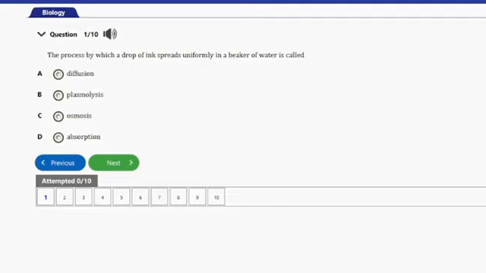Actually, when molecules spread from the region where they are more concentrated to the region where they are less concentrated, that's the phenomenon of diffusion. So that's it for that question. A drop of ink that spreads uniformly in a beaker of water is a concept of diffusion, and that's option A.